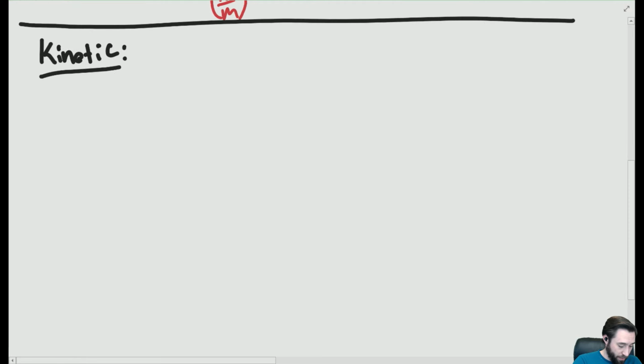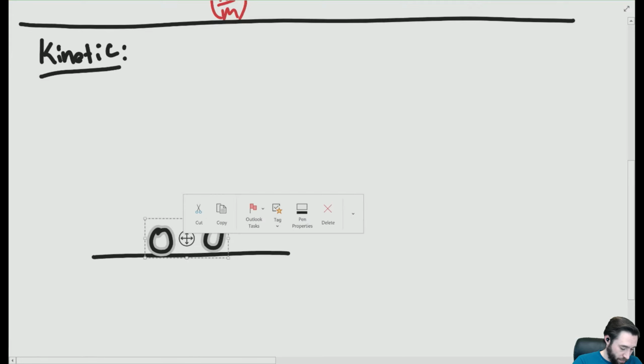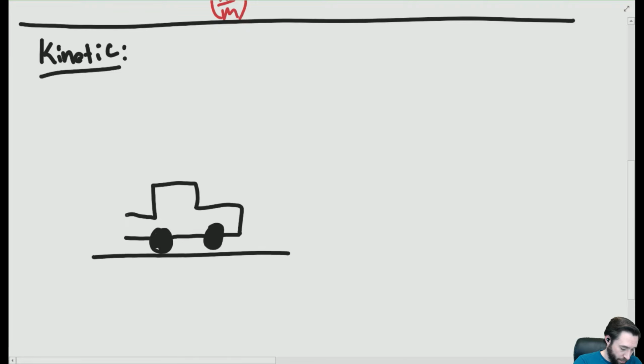So with kinetic, if I just give you an example where I have a car and the car has a particular mass and it also has a velocity, I can figure out the kinetic energy of the car.